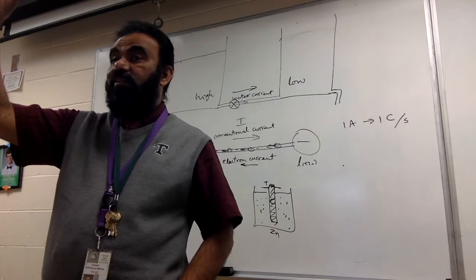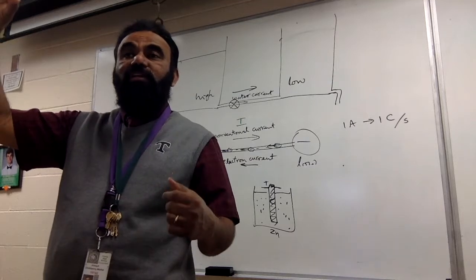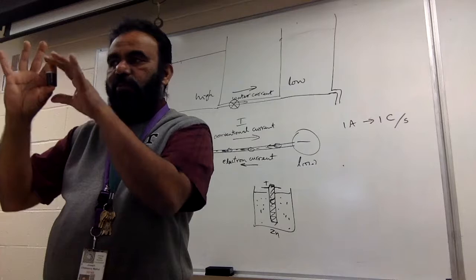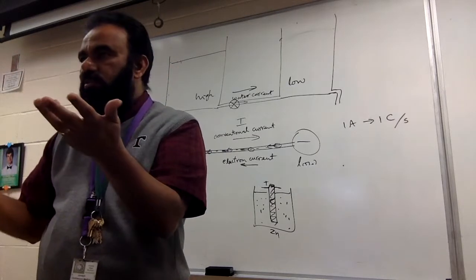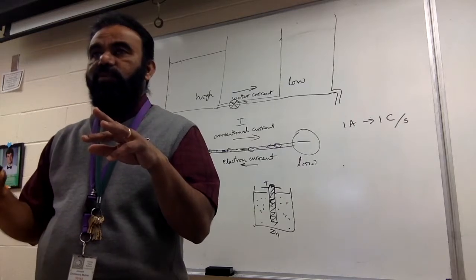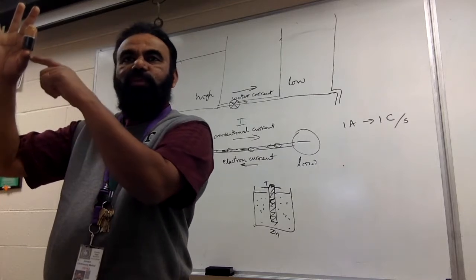Current is flowing from positive to negative. But which way are the negative charges going? Remember, my body has a fluid inside which is made up of ions. So it can have negative ions and positive ions. The negative ions are going to go this way, and the positive ions are going to go this way.